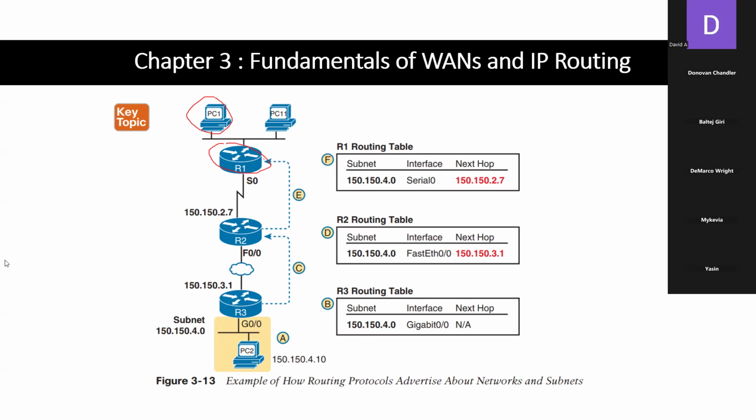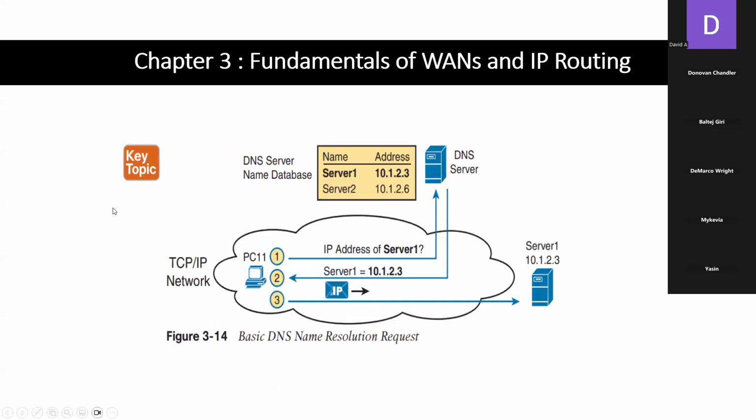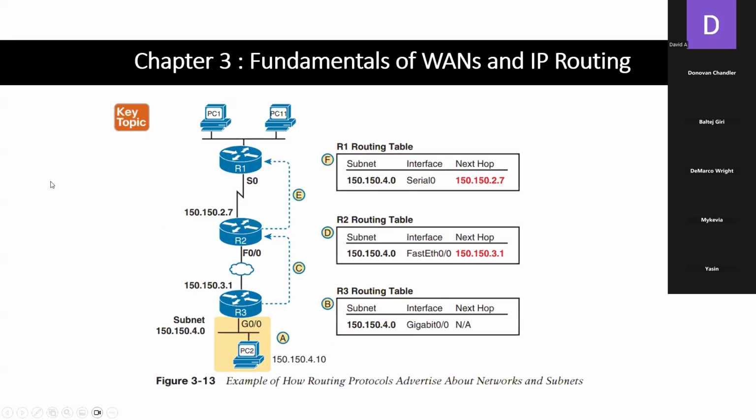Let me go ahead and take this away. If we're talking about how this routing logic works, each router, independent of the routing protocol, adds a route to its routing table for each subnet directly connected to the router. I'm going to say that again. This is a key topic.